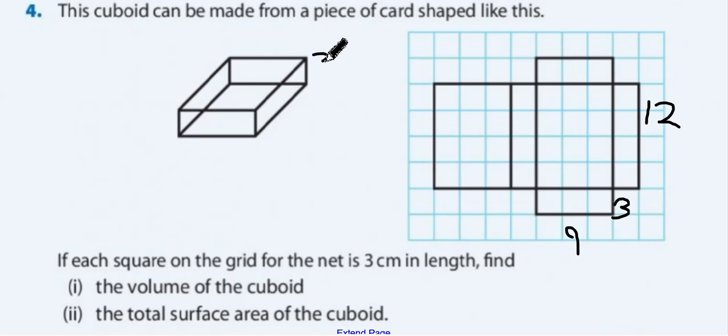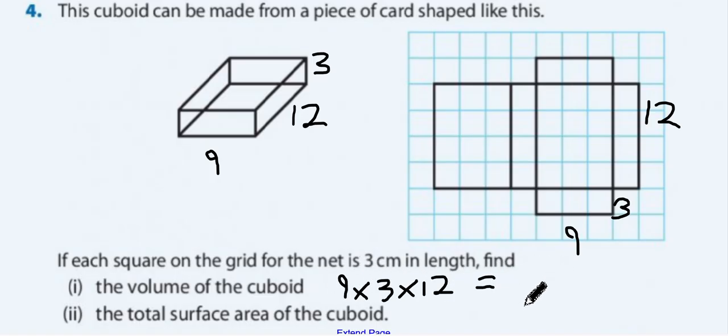So for me, that's 3 in height, 12 in depth, and 9 at the front. So for me, that's 9 multiplied by 3 multiplied by 12. And did anyone get an answer for that? 324 centimeters cubed.